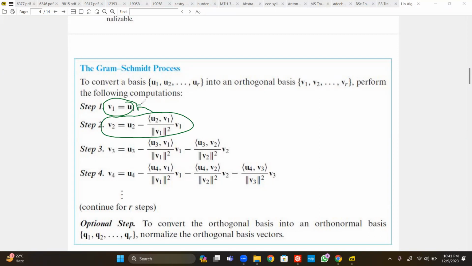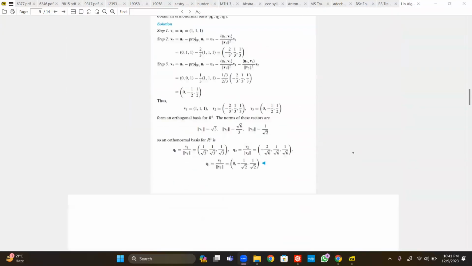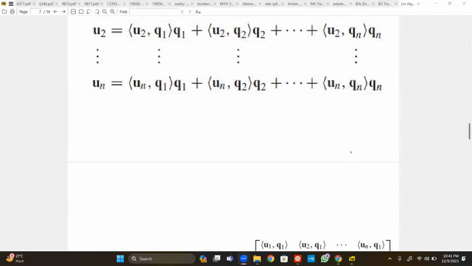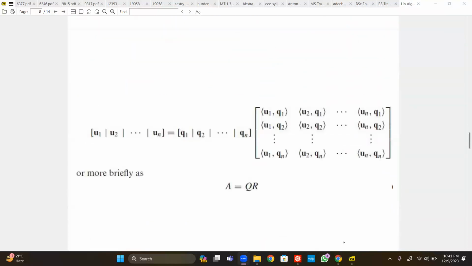You're using the one above to get the one below, not the other way around. That is why Qi dot Uj is 0 for i greater than j.